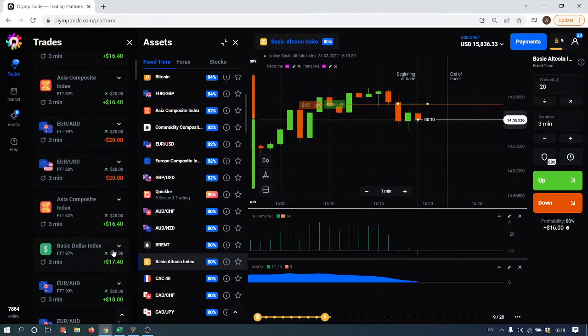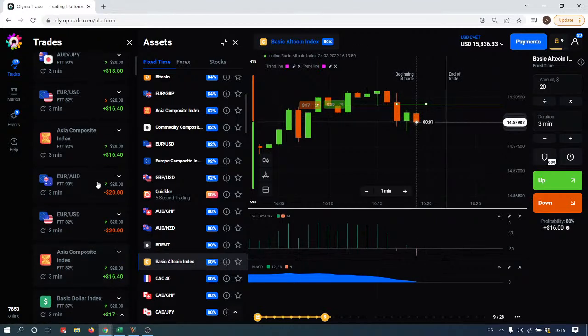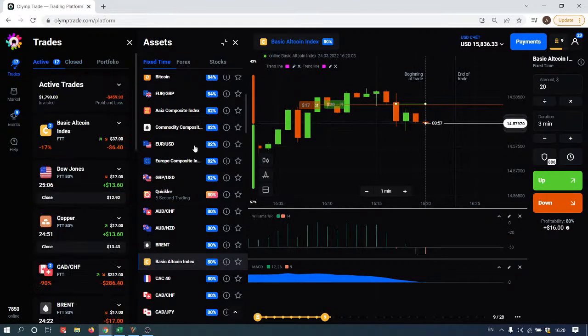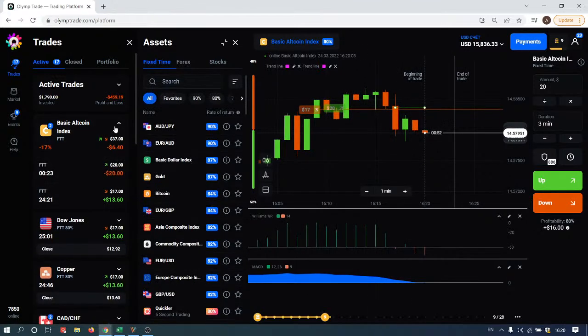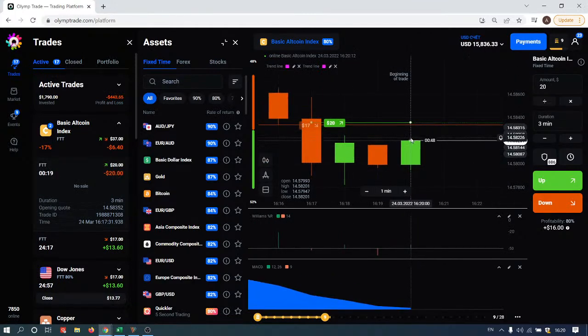So guys, let's do a short recap. So far, out of these trades that have closed already, I have 1, 2, 3, 6 winning trades and 2 losing trades. Okay, now let's continue trading. Let's see how this one closes. Well, maybe I will be lucky.